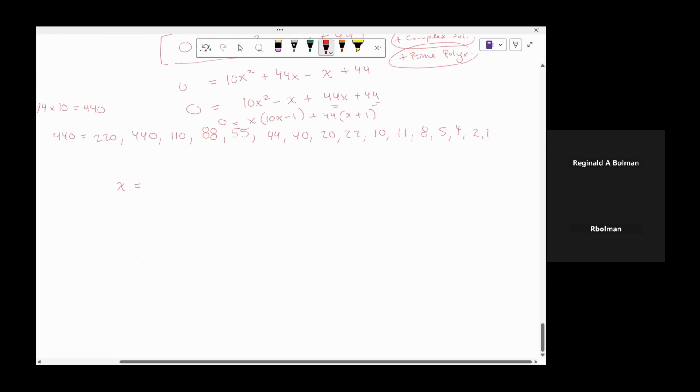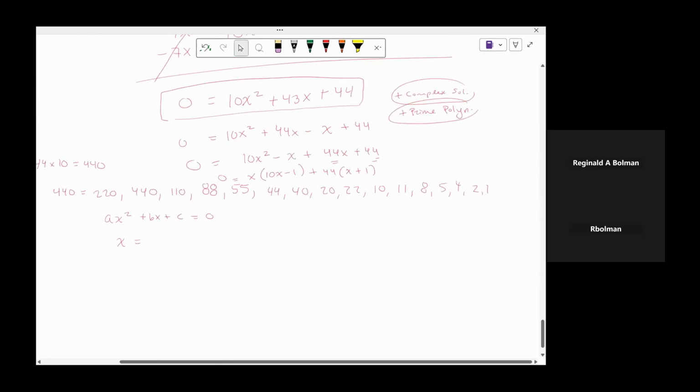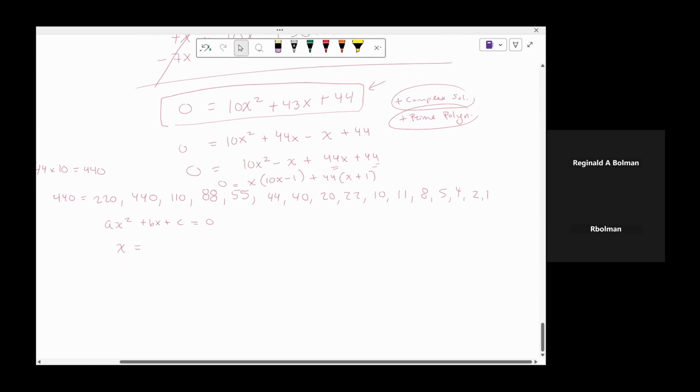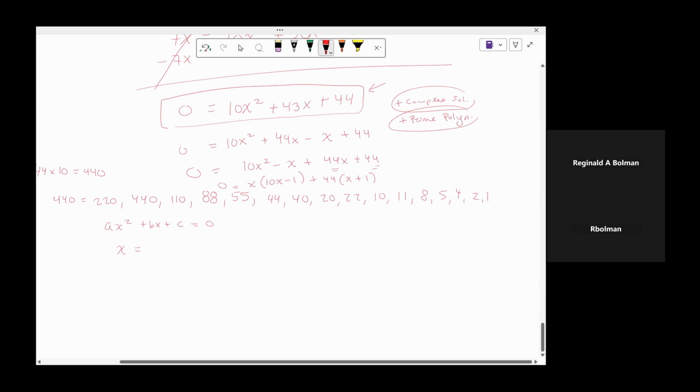They said that anytime you've got ax squared plus bx plus c equal to 0, i.e. the setup that we just had, it's exactly the same situation, then x may be determined to be negative b plus minus the square root of b squared minus 4ac all over 2a.